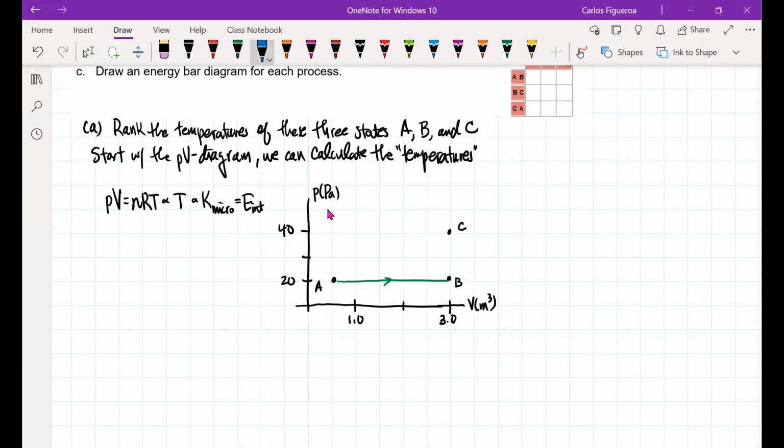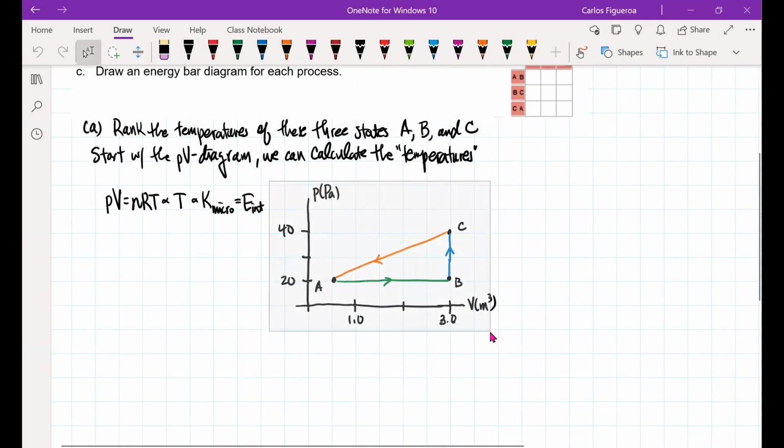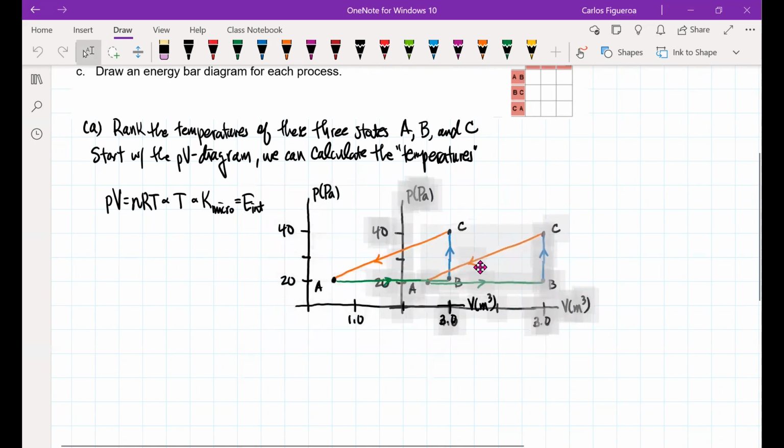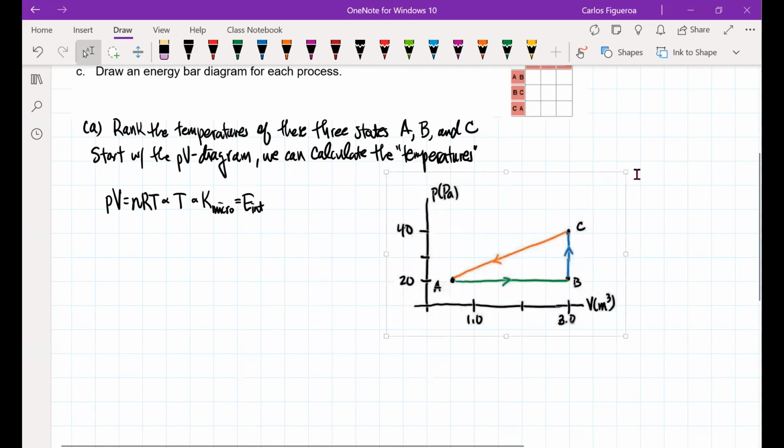Then I have a blue path that goes from B to C, and an orange path that goes from A to C. Now, if I use the ideal gas law, what am I seeing for each of these states?